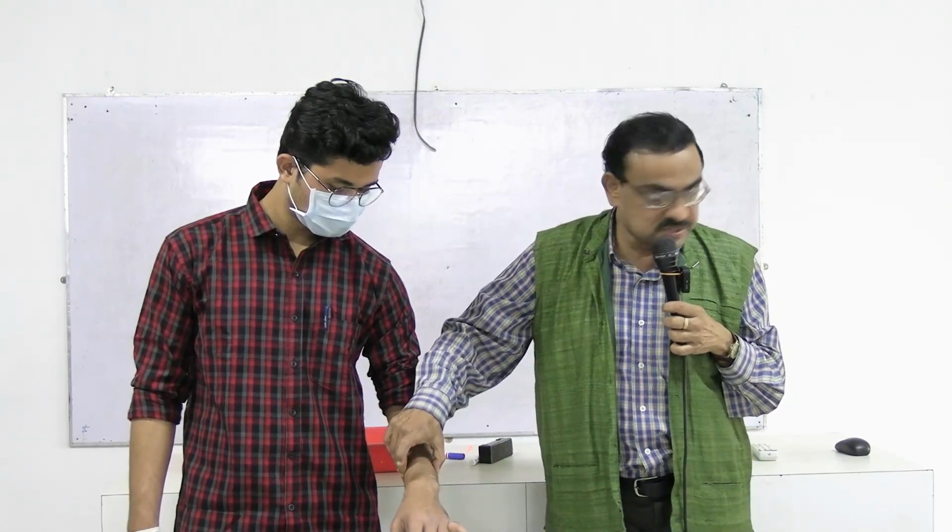If we trace the posterior border and go down posteromedial to the head, we can find the end of the ulna. That is nothing but the styloid process of the ulna.